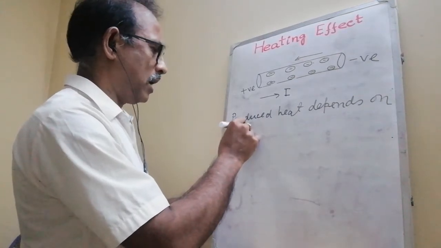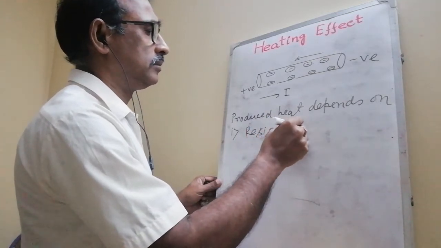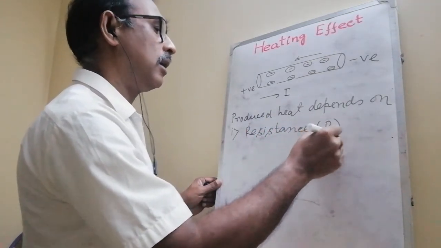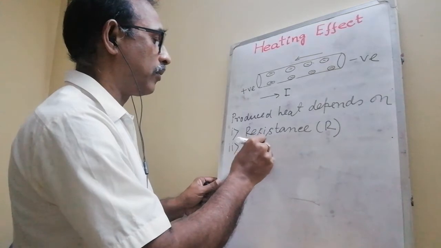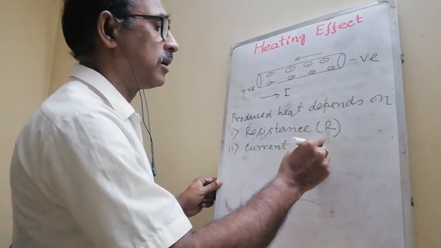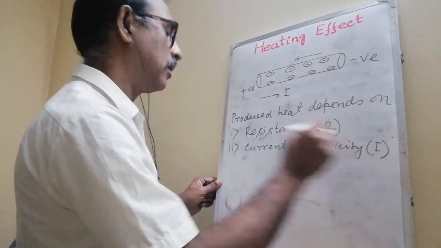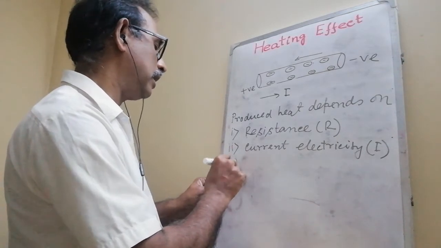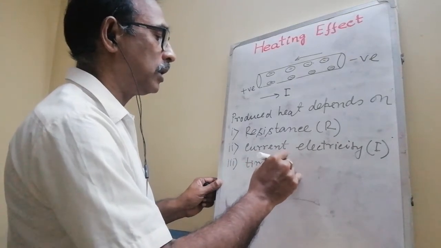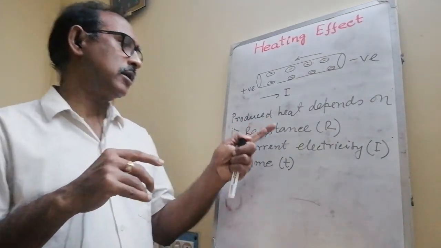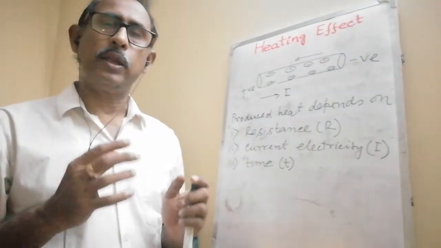First of all, one is the resistance, R. Number 2, current electricity, capital I. And the time of current flow, T. On these three factors, the amount of produced heat depends.